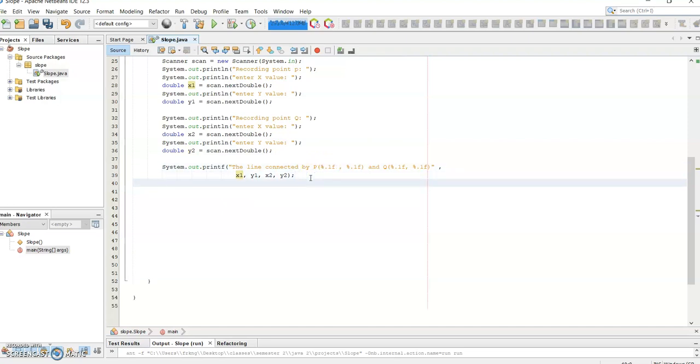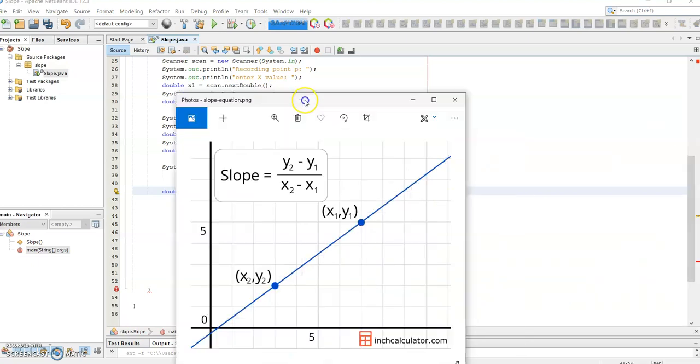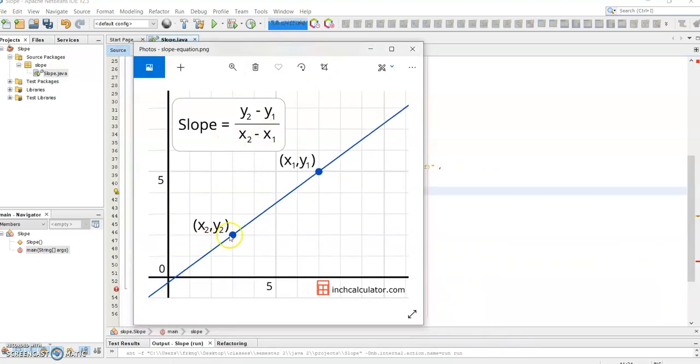Okay. So now let's calculate the slope for a line. So double slope equals the... Do you guys know the formula for the slope of a line? So if you don't, here I took a screenshot. So for the slope of this line, y2 minus y1 divided by x2 minus x1.